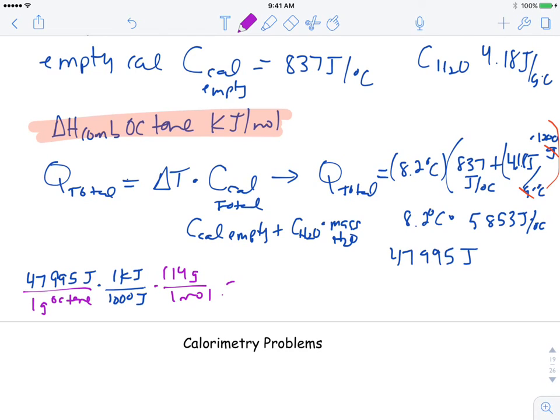When I do my 114 times my 47.995, because I changed that to kilojoules, I'm going to get approximately 5,471 kilojoules per mole.